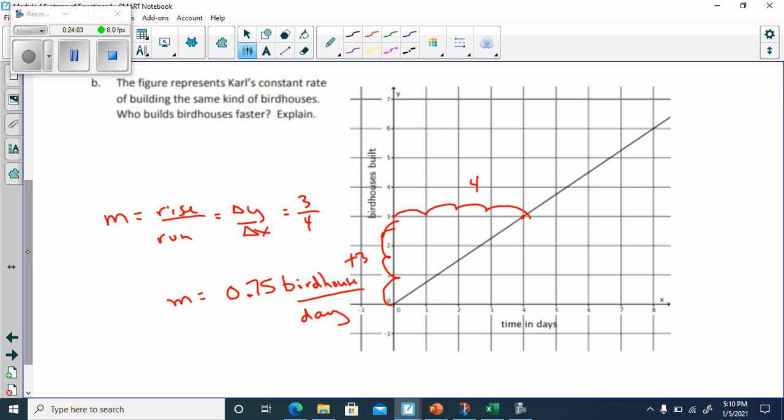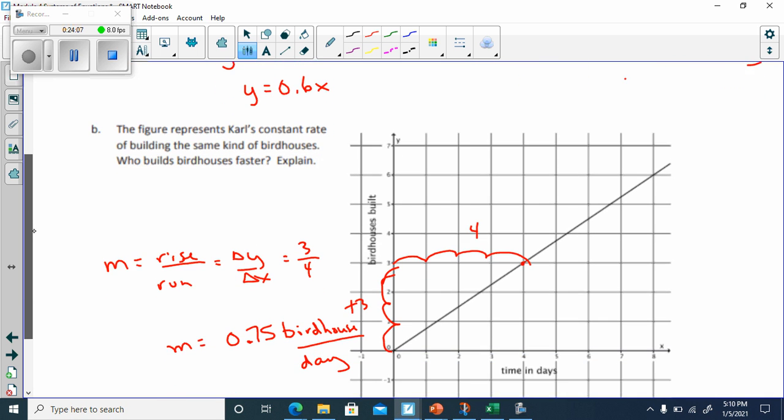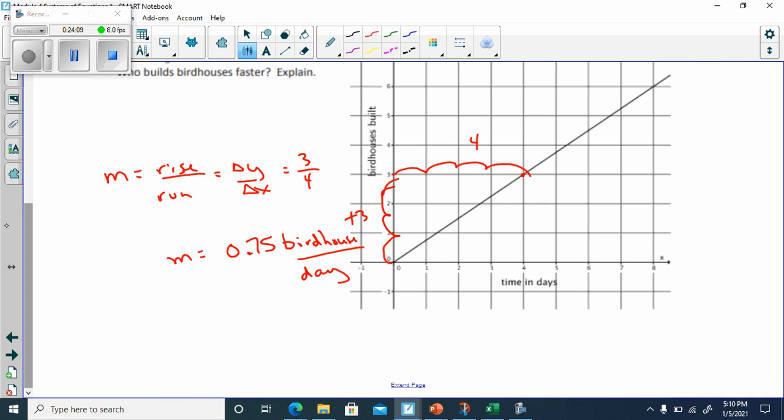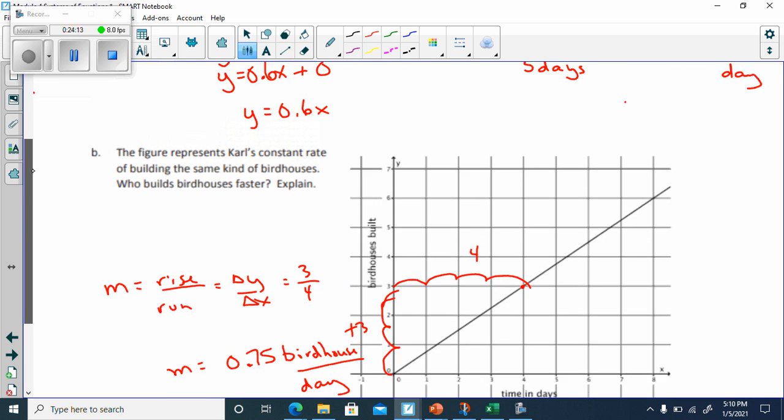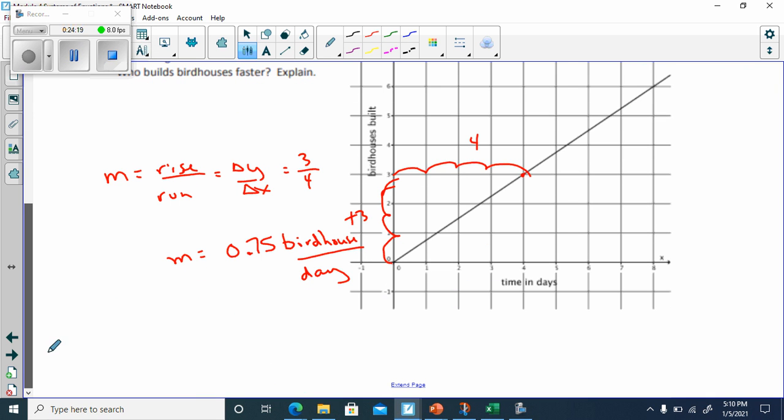So who is building at a faster rate? 0.6 or 0.75? That would be Carl. Carl's building faster, right?